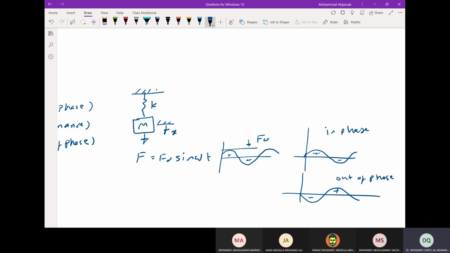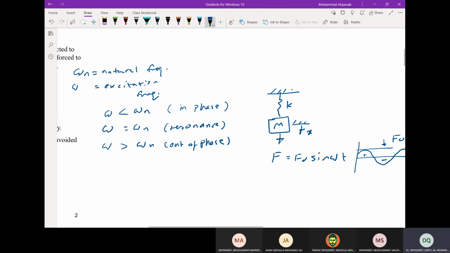The response of the mass is slower than the excitation frequency. So the system will lag. The mass will lag the force. So if the force is positive, the system is still in the negative direction. And if the force is negative, the mass is still in the positive direction, so it is lagging.